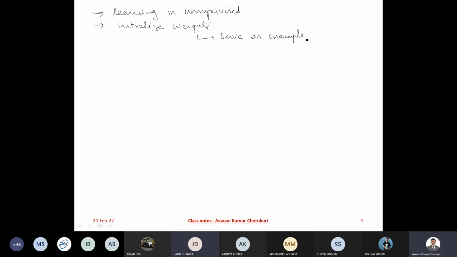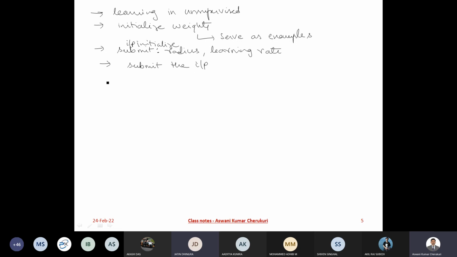Then you submit other parameters. One important parameter is the radius. Then there is another parameter called the learning rate. Okay, so we submit, when I say submit, provide the input. So initialize the weights, the radius, and the learning rate. Once that is done, you submit the input.